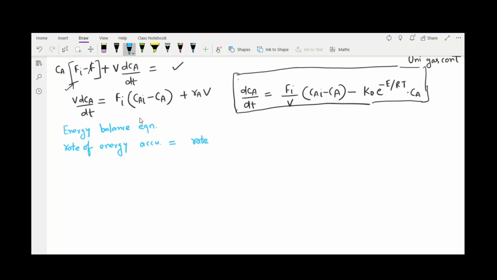So the structure of the overall equation will be the same, and it will vary depending on the modeling equation which we are going to write.